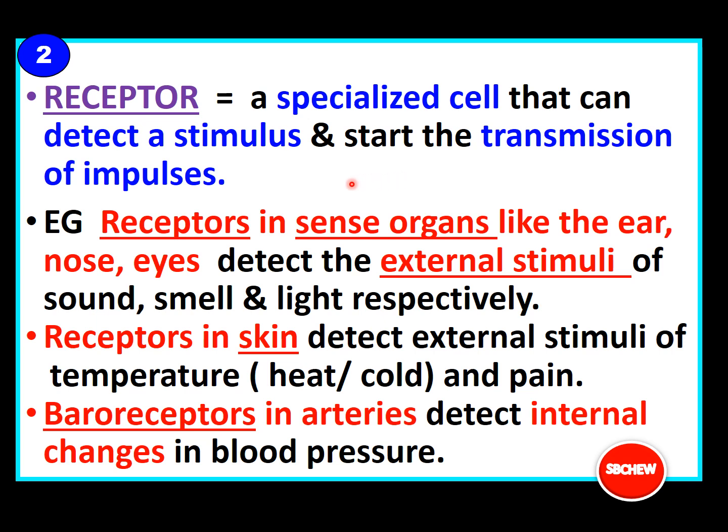Okay, so here, just to recap, the sensory organs, the ear, nose, eyes, tongue, and the skin detect external stimuli in the external environment. And certain receptors detect internal stimuli, such as baroreceptors inside the body. It will help to detect the change in blood pressure.